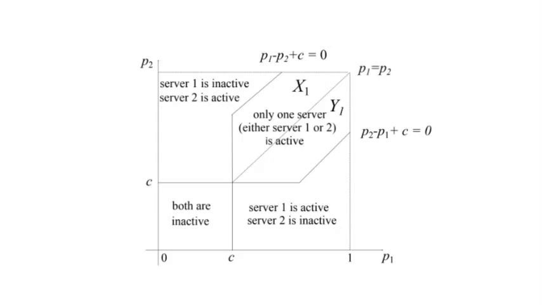The interesting region is actually the upper right corner, where the servers don't differ that much. In this region, if one server chooses to be active, the other server will choose to be inactive. If one server chooses to be inactive, the other server will choose to be active.